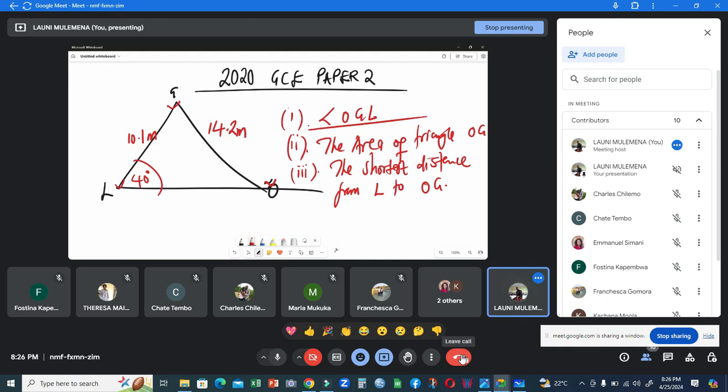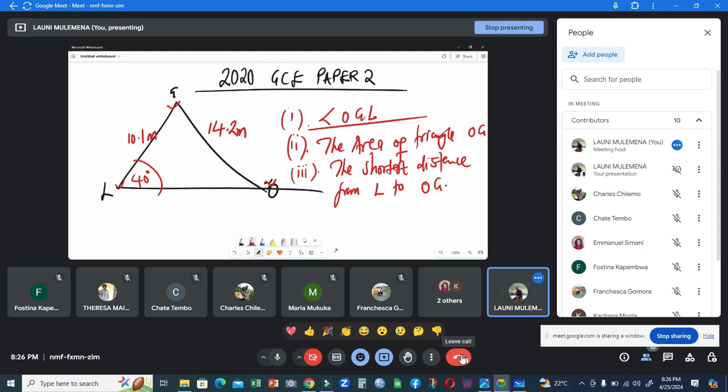Because I always encourage my learners, and even you, when you are calculating maths, it's not just a matter of solving anyhow. You need to know what you are looking for.